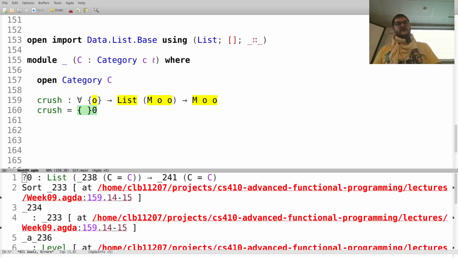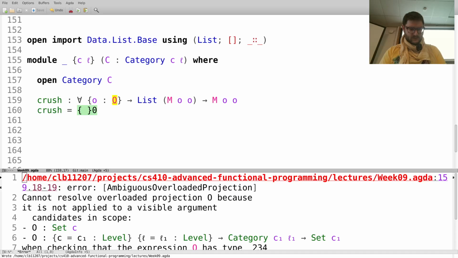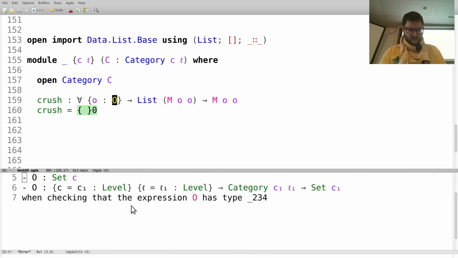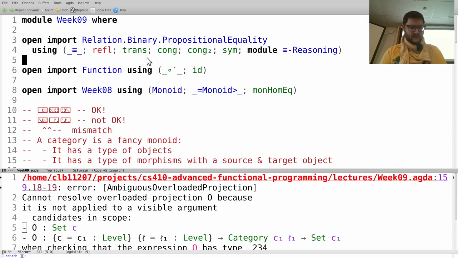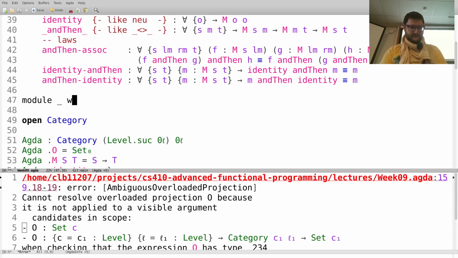It is a generalization, I suppose, but what the heck? Have we opened category already? Well, for the pattern matching, yeah, just like that.